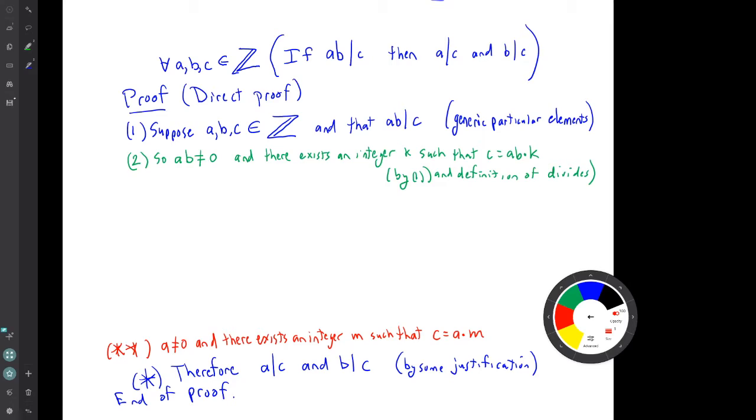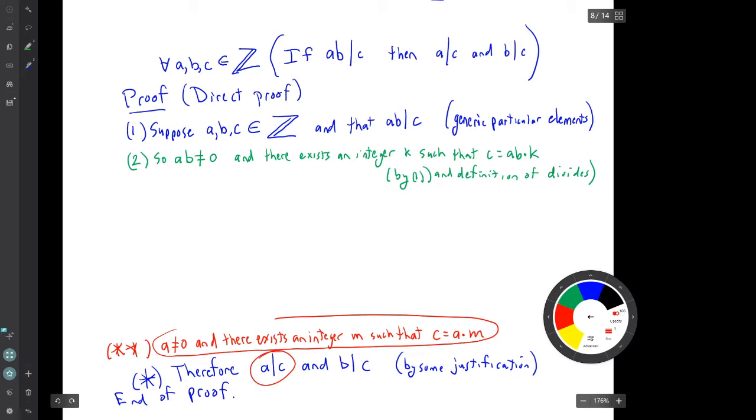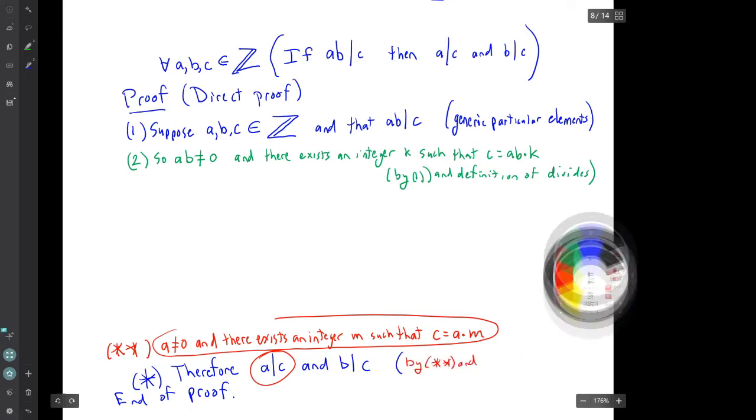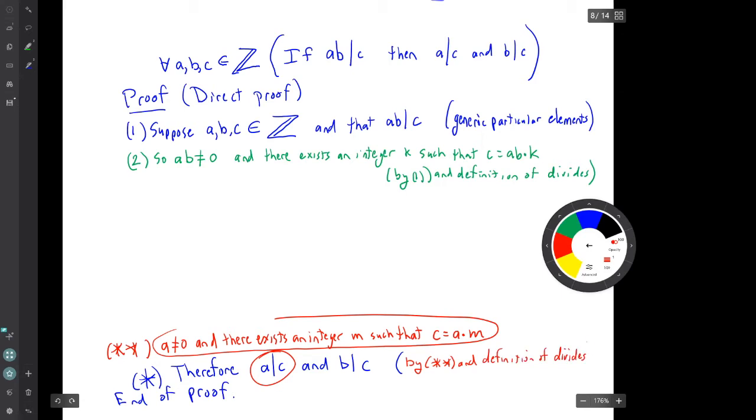So that red statement that I've written is what it means to say that A divides C. And so, in fact, not only do we know that that red statement is going to have to be there, we know that in the last statement of the proof, the justification is going to have to be, well, here, I'll write it. So that red statement at the end, A divides C, has to be preceded by this circled red statement.